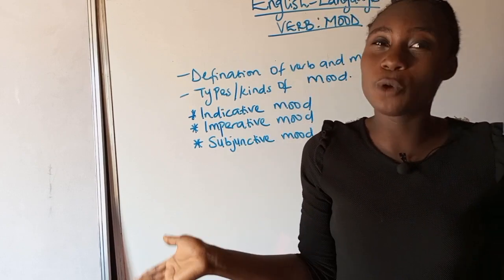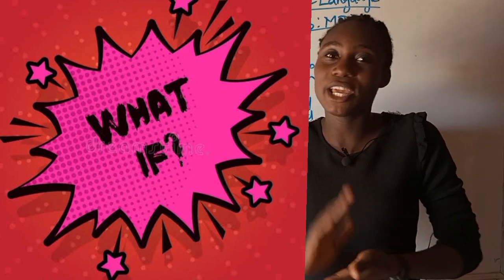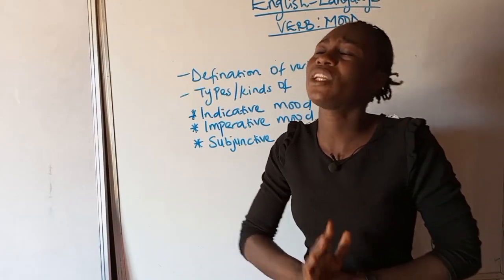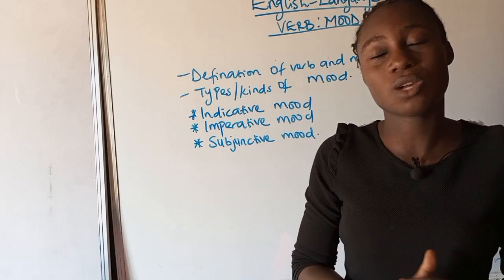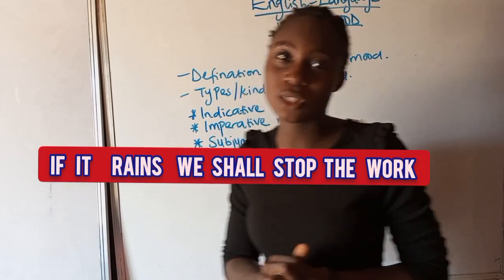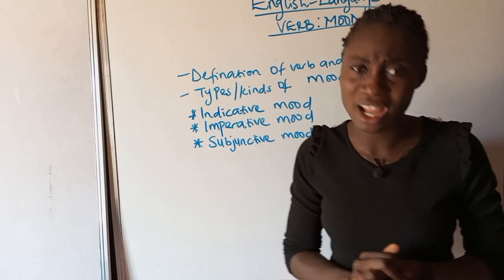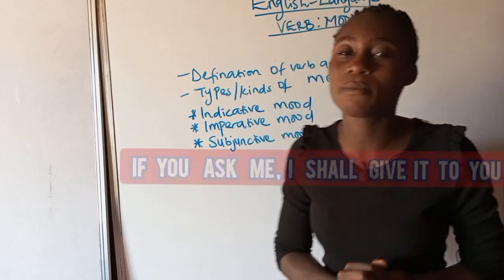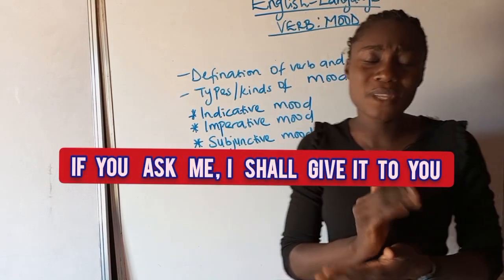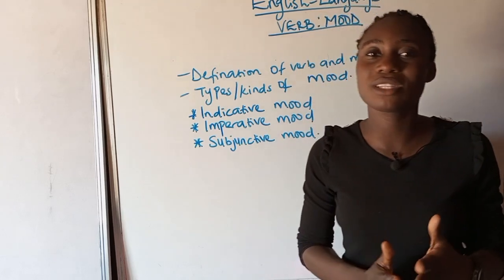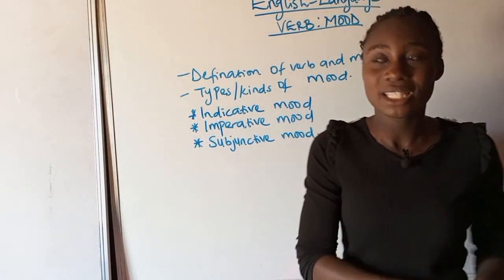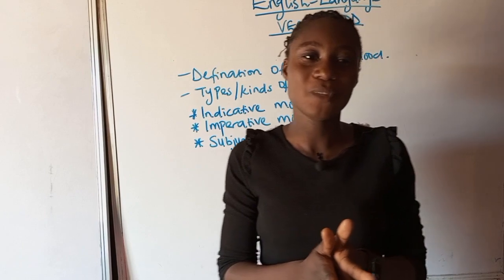And I believe we all know that "if" is a condition. Another example is, if it rains, we shall stop the work. Another example is, if you ask me, I shall give it to you. From these examples, you will notice that there is a condition before the statement.